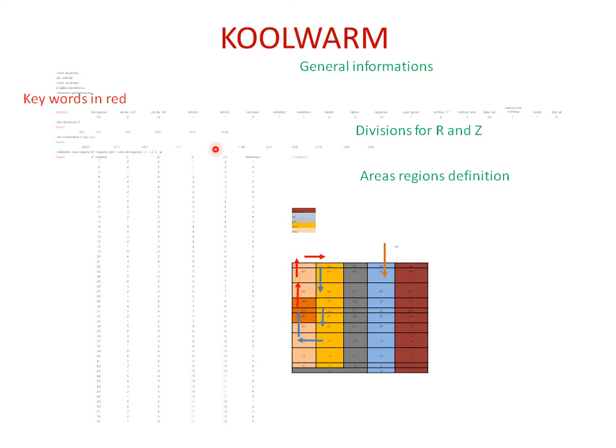The data are the following. First, there is general information: the number of regions, the geometry type, and also a lot of other numbers which are necessary. And we have, after, the division for R and Z, and the region definition here.